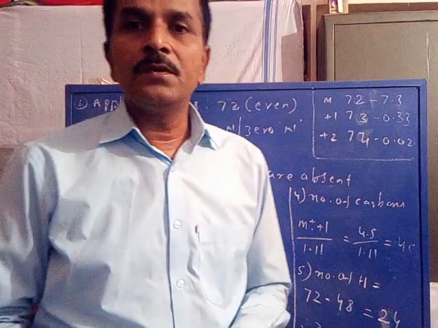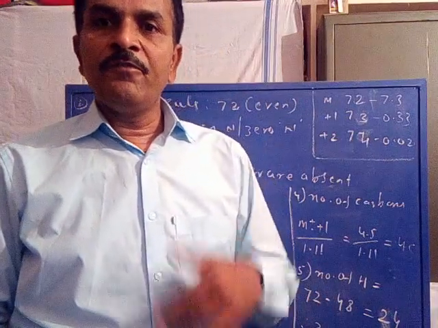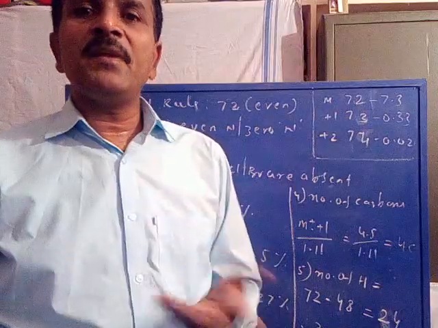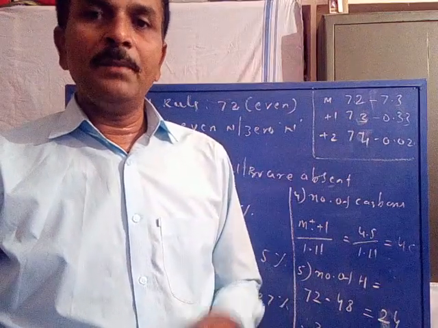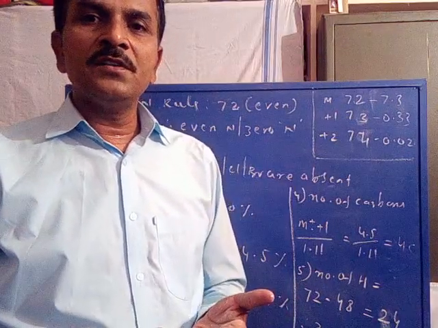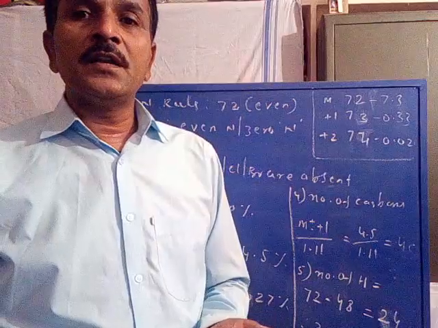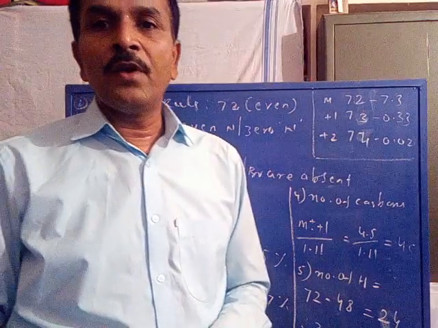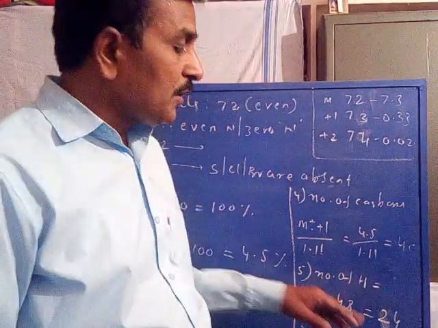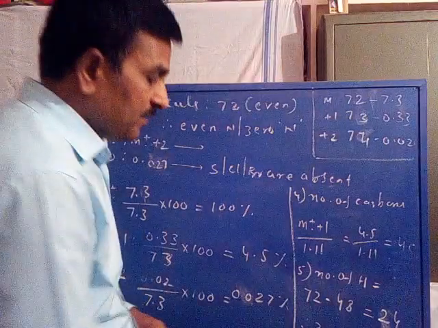Therefore, we can consider there may be the presence of only 1 oxygen, because if we consider 2 oxygen, we should accommodate 32 mass. There is only 24 leftover. Therefore, 1 oxygen may be present.